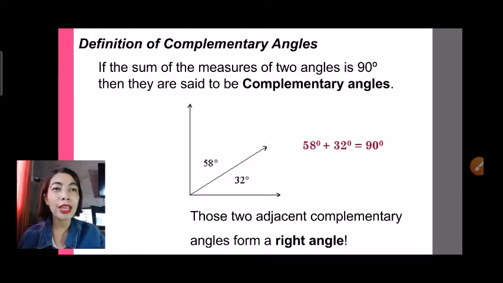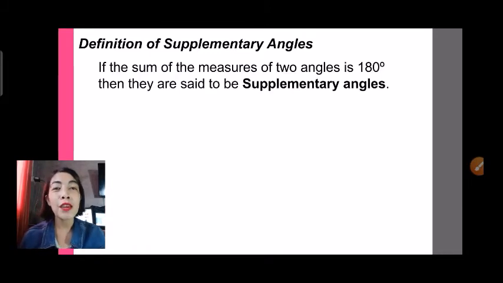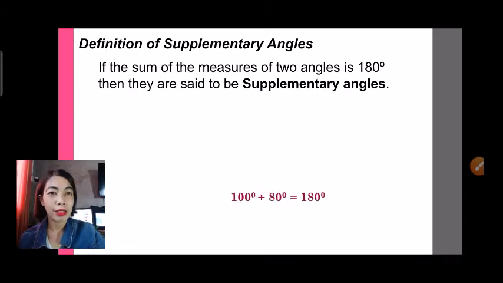So, kung meron tayong 90 degrees, meron din naman tayong 180 degrees and that is for the definition of supplementary angles. If the sum of the measures of two angles is 180 degrees, then they are said to be supplementary angles.